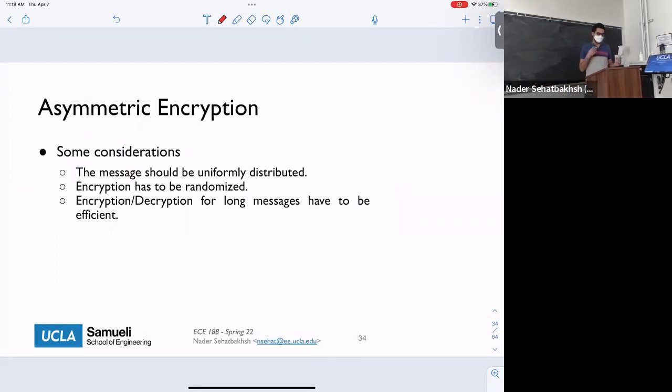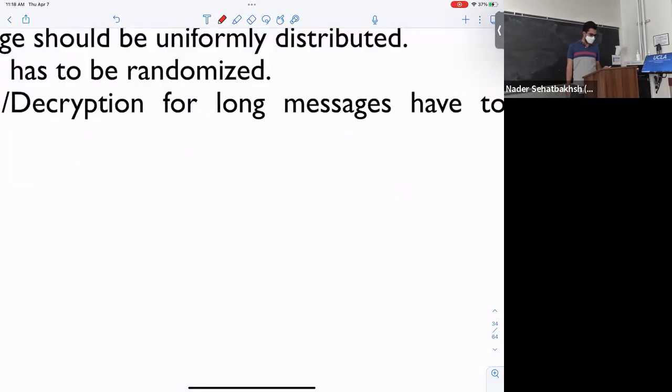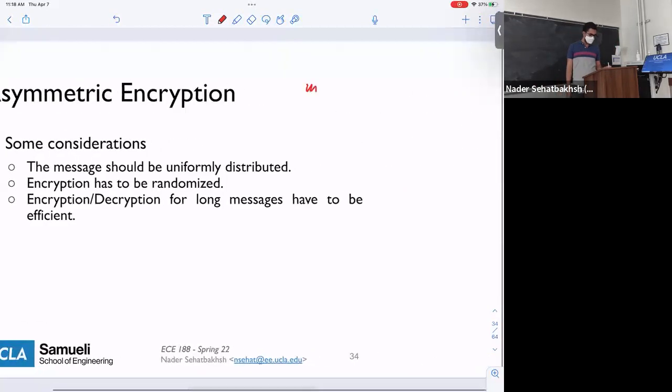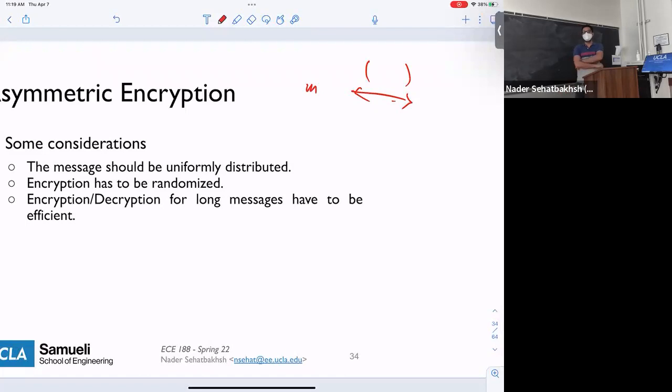There are some considerations for this, which you don't need to be bothered with, but generally, in order for this system to be secure, the message should be uniformly distributed. If you use messages that come only from a certain distribution and are not uniformly distributed, it can be shown that the RSA mechanism is not secure. The trick is that we first map the message into another uniform distribution.